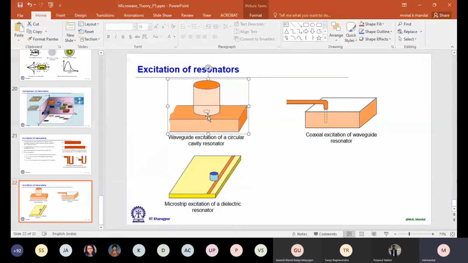Now here, how can we control Q external? There are two ways. One straightforward way, you increase the radius of this aperture. If you increase the radius, then we have more coupling, and Q external will decrease. Second way, we put some offset to this aperture. Along its width, if it goes to the sidewall, then also coupling increases.